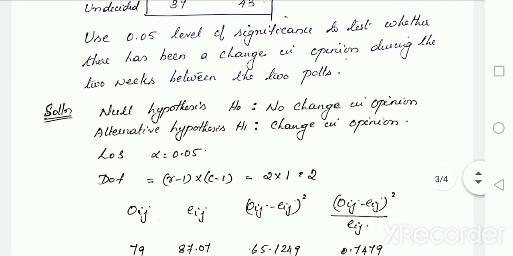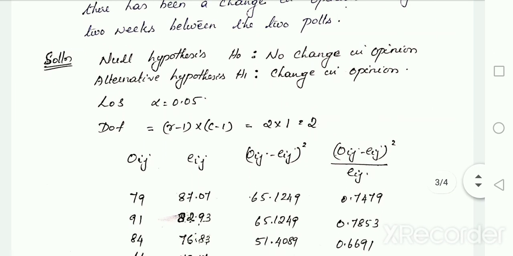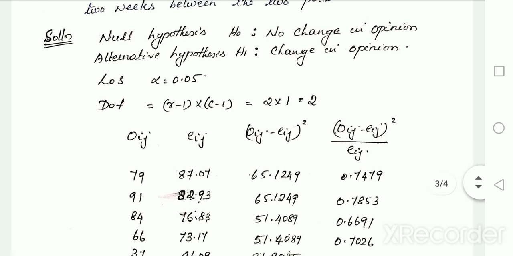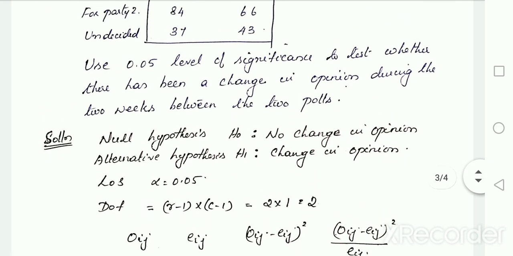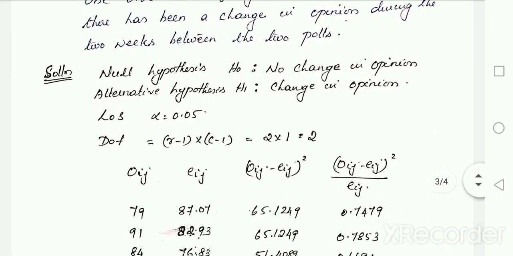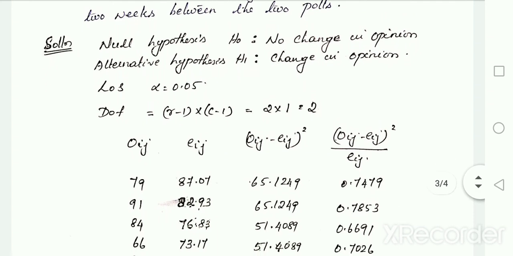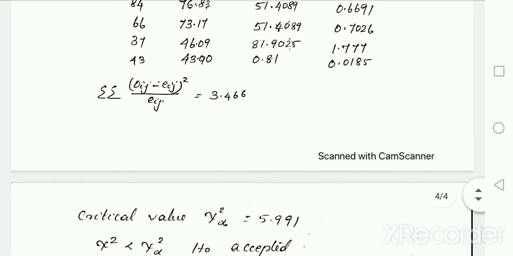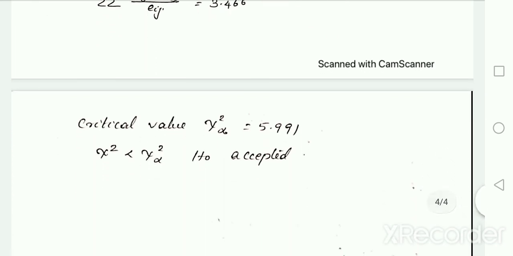Here also we need to calculate the expected frequency values, and the degrees of freedom is (r minus 1) into (c minus 1). Here we have 3 rows and 2 columns, so again 2 into 1, that is 2. Calculating the test statistic, the chi-square naught value is 3.466, and chi-squared alpha comma (r minus 1) into (c minus 1) is again 5.991.